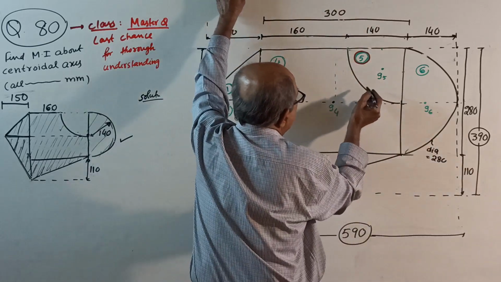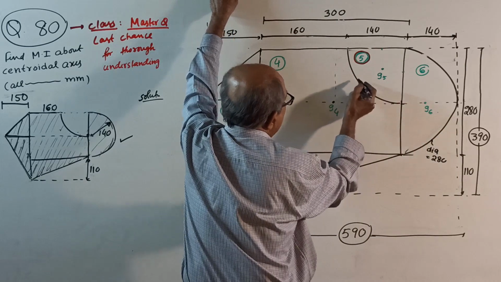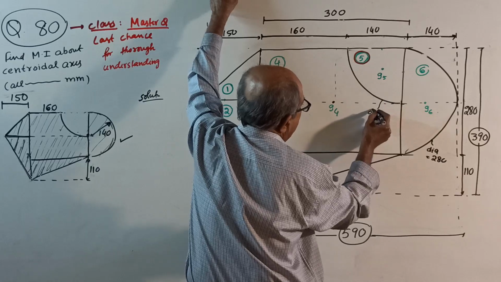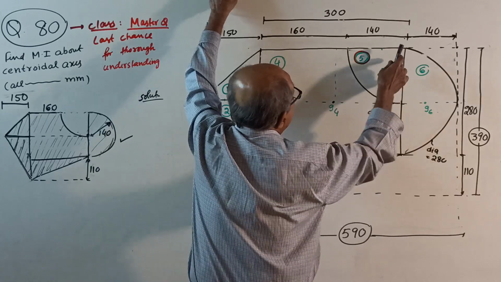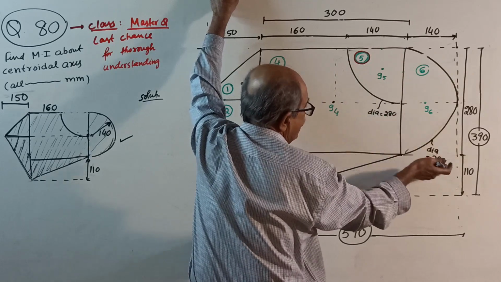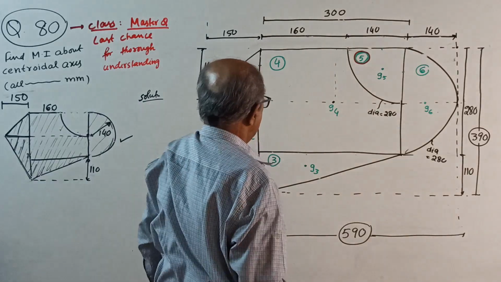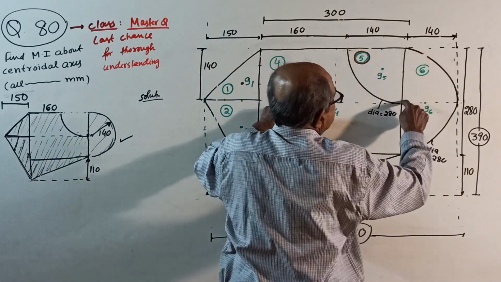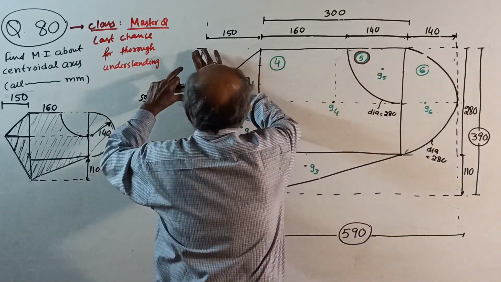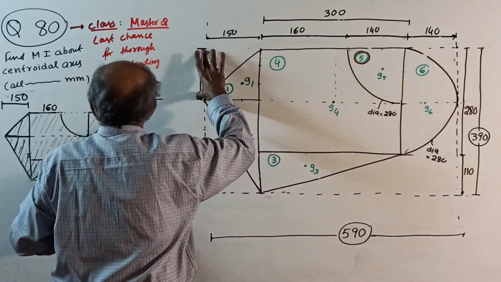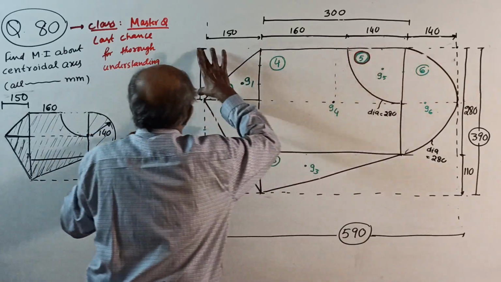Even for this quadrant also, remember, the diameter equals how much? Radius 140 means once again 280. There are different diameters and different shapes. Now this is clear. Come down. This is how much? It's already there, 140 here. This dimension is projected here, 140.